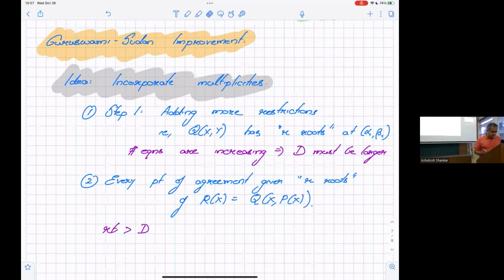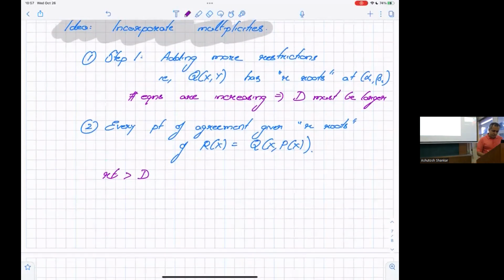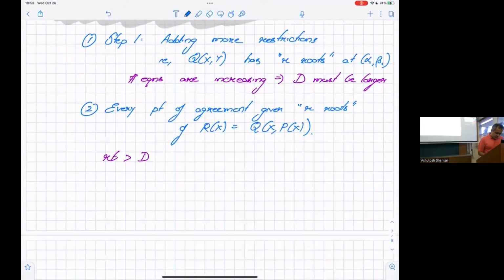But now I want to formulate, so that's exactly what I'm going to define. So we'll say the definition: Q of xy has R roots. So the point is, I don't want to define derivative.